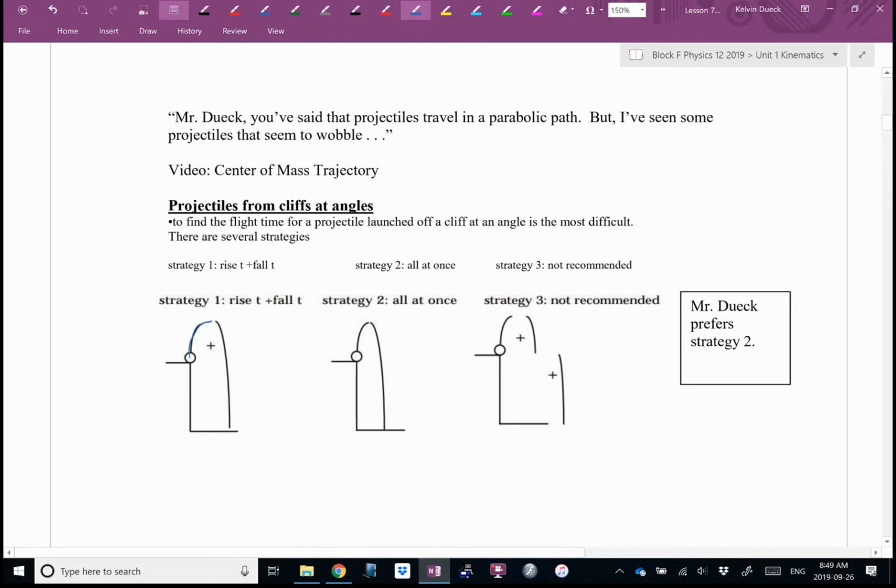Strategy number 3 is find the time to the top, double it, that gives you the time back to the cliff height, and then starting at the cliff height with negative Vy initial, find the time to the bottom. I don't really recommend that. I'm going to do it all at once, but it's probably going to require the quadratic formula, and you'll see why in a second.